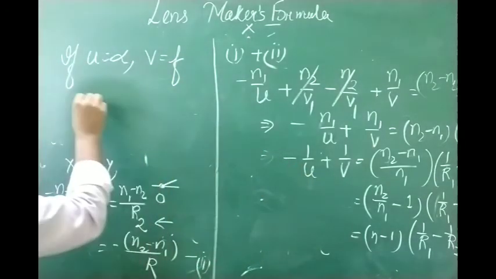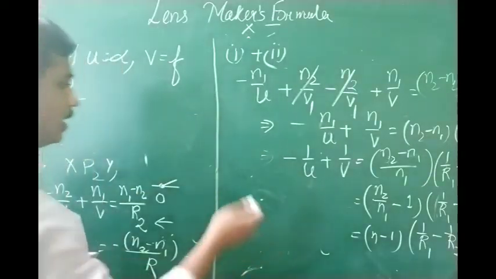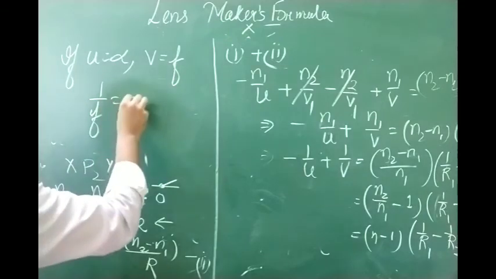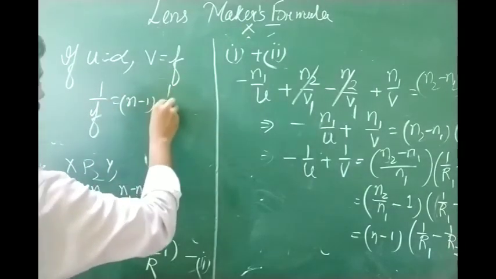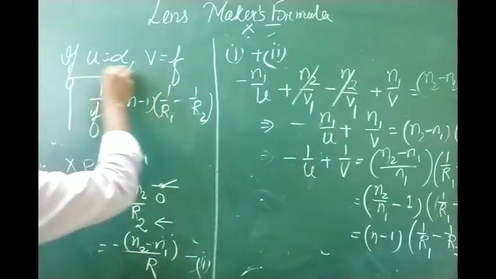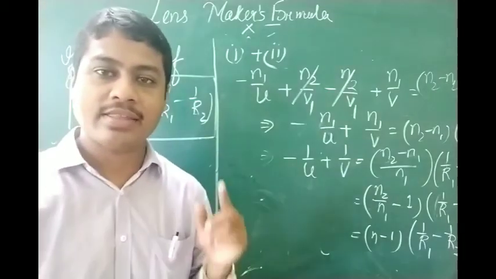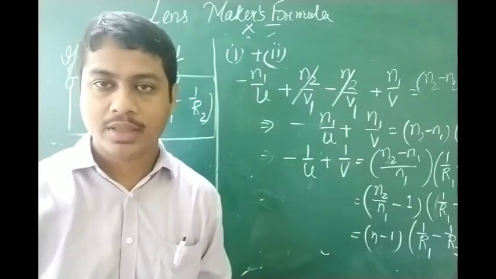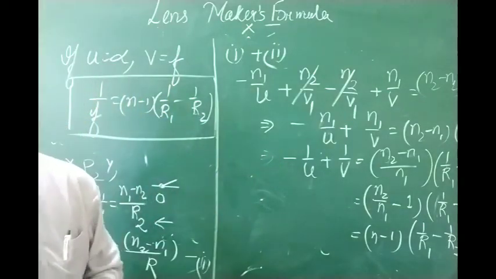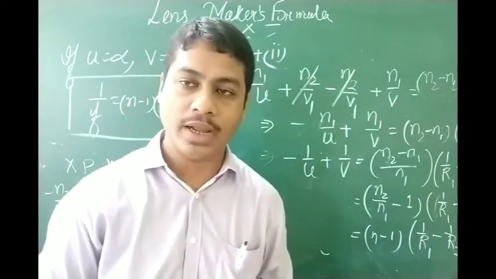Replacing this in the formula, 1 by infinity is 0, so I place v as f directly: 1 by f equals n minus 1 into 1 by R1 minus 1 by R2. This formula is called the lens maker's formula. Clear? So we have done the lens maker's formula. This is also an important topic for this chapter. In the next class we'll be discussing the lens formula. Thank you.